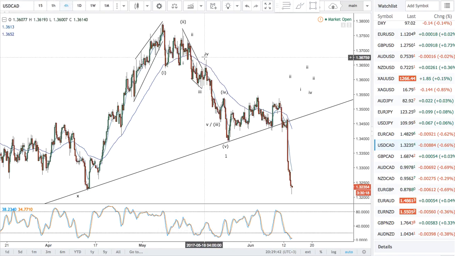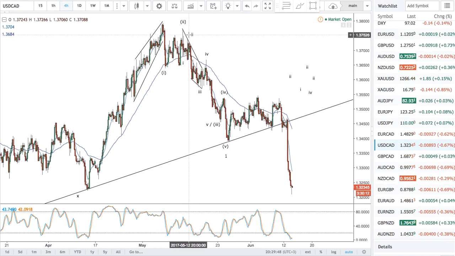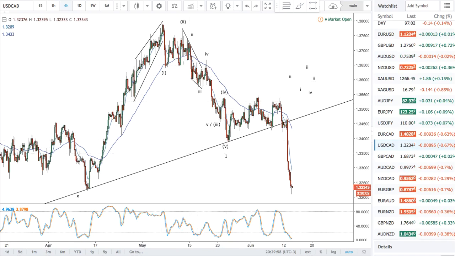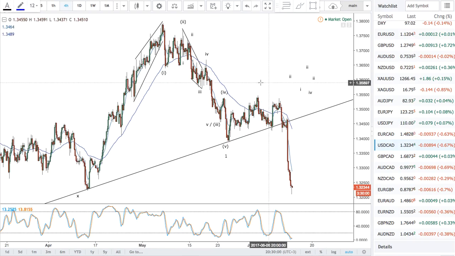There is no overlap here, by the way, because wave 1 ends here where the mouse is pointed at, and wave 2 is a kind of flat. And then wave 3, wave 4, no overlap, wave 5. And wave 4 is small, larger wave 4, and wave 5 into here. So that is the completed segment for the more bearish scenario.